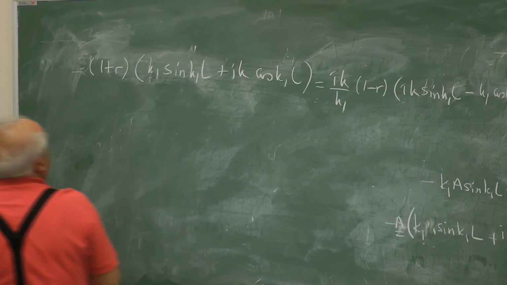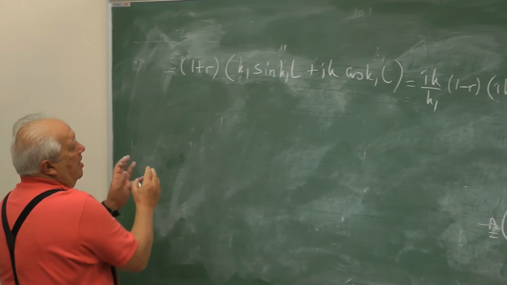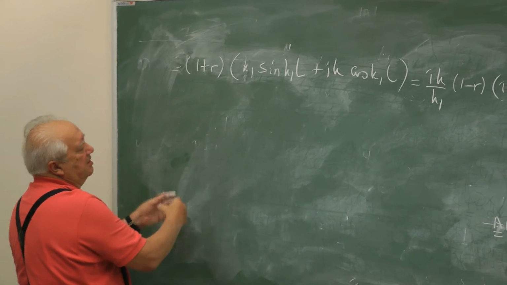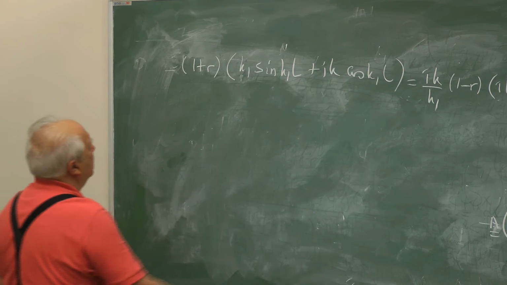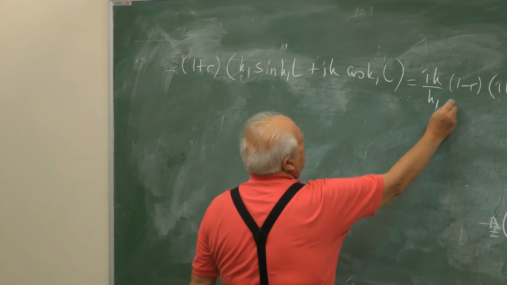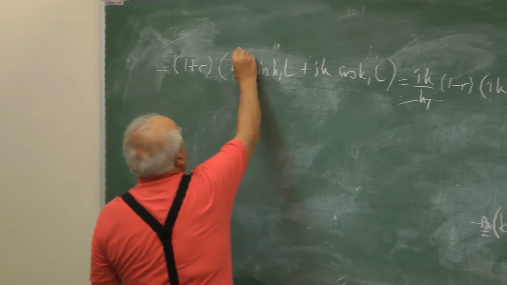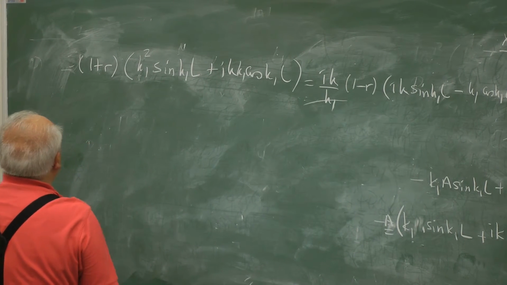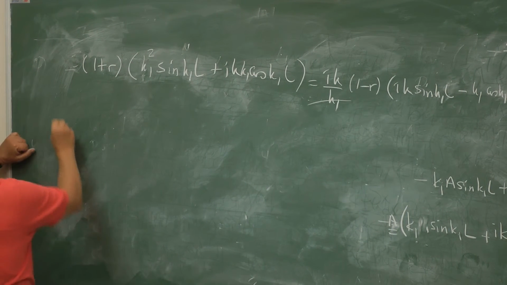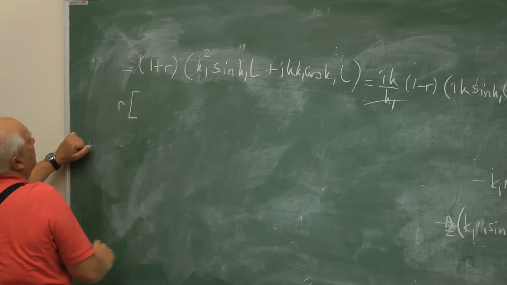So let us collect r times a coefficient equals something, and then we just divide, we get the r. But let me multiply this thing by k1. So this is k1 squared, ik k1. Okay. Now, r parenthesis.